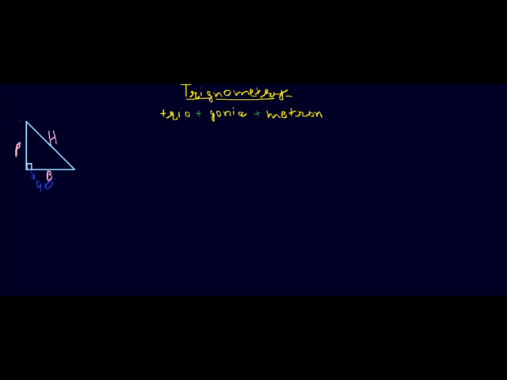Tri means the triangle, the three-sided figure over here, but it also means the basic trigonometric functions, which are sine, cosine, which is generally known as cos, and tangent, which is known as tan.